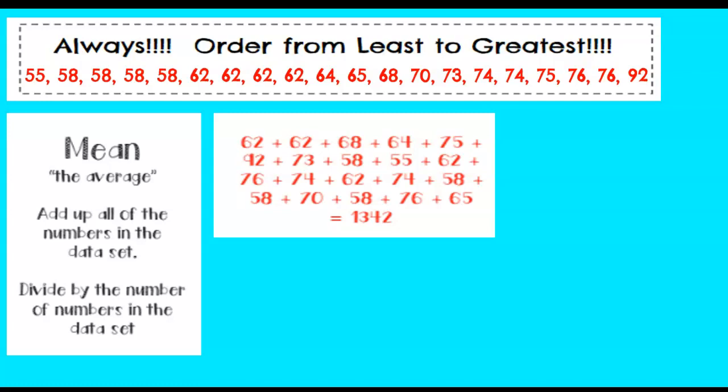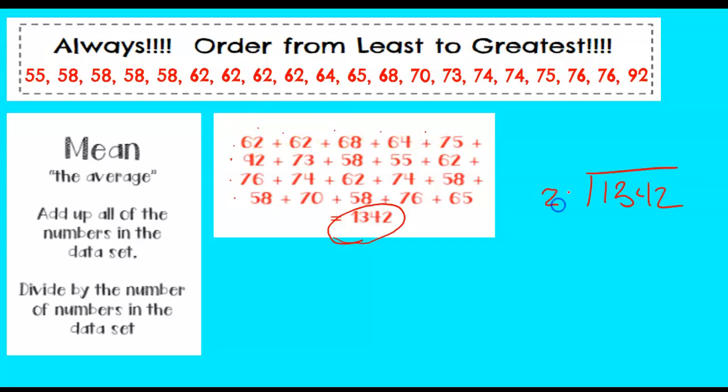So when we order it from least to greatest, the mean or the average is when you add up all the numbers in the data set and then you divide by the number of numbers in the data set. So they added them all up and they got 1,342. And we have 4 rows, 5 columns.